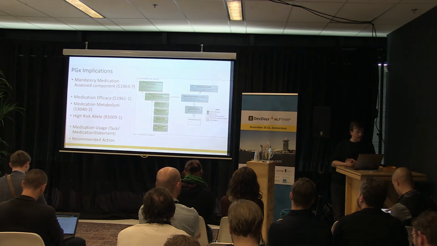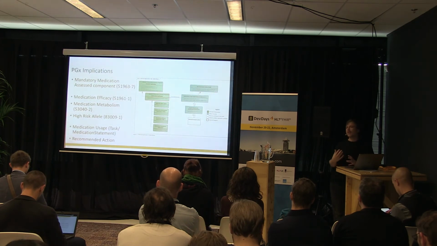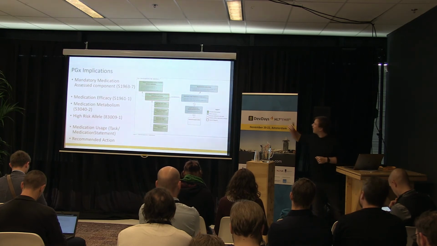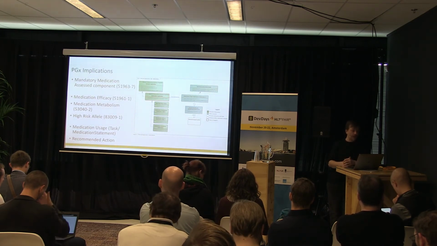High-risk allele would be an allele or a variation, which means that a patient has a high risk of a bad outcome if he takes this drug independently from metabolism or efficacy. Of course, medication usage. So for the recommended task, I can point to some medications and how they should be used in the recommended action. Yep.